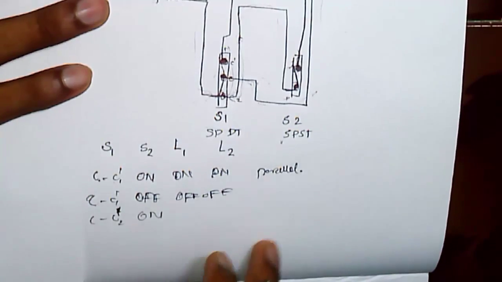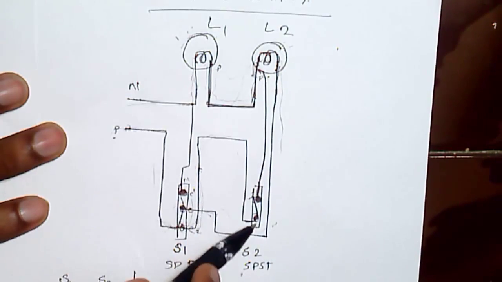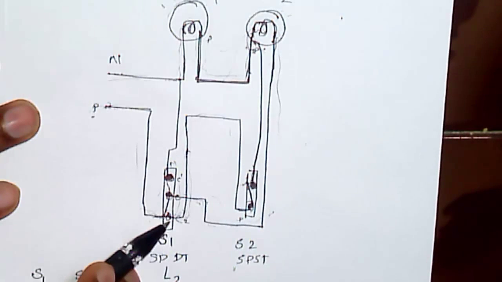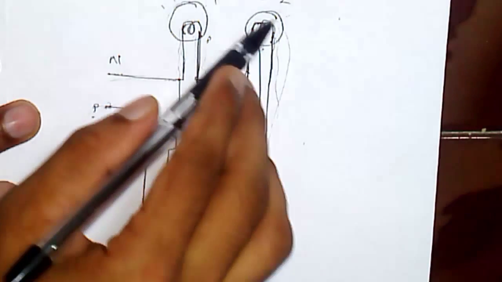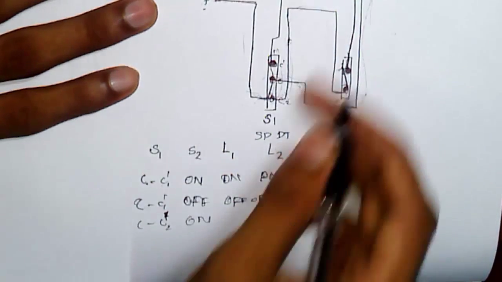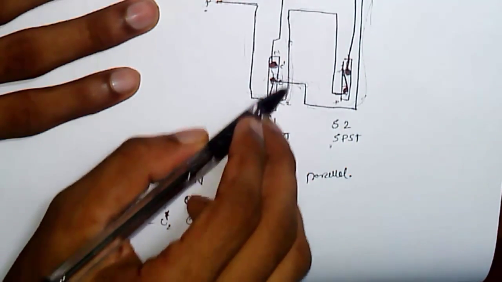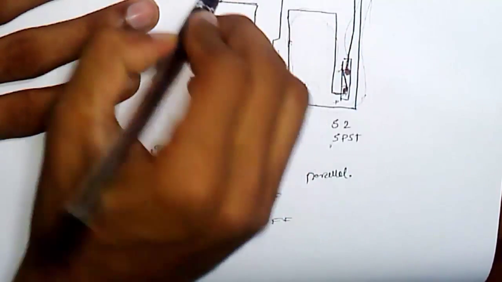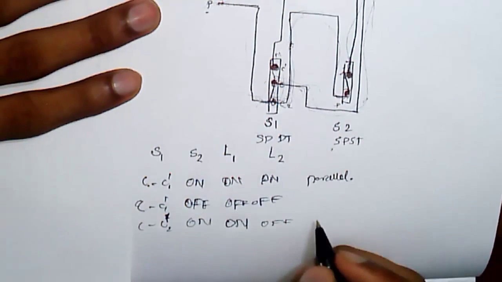In this case, the phase comes here, and C2 dash comes here and this phase also comes here, so this bulb L2 is at zero potential, so L2 is off. But the phase coming here gives a phase to this bulb, which is directly connected to neutral, so L1 will glow. That's it, and it is a single bulb.